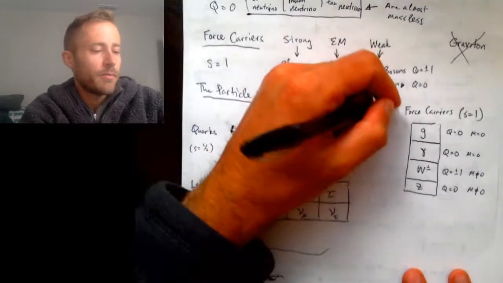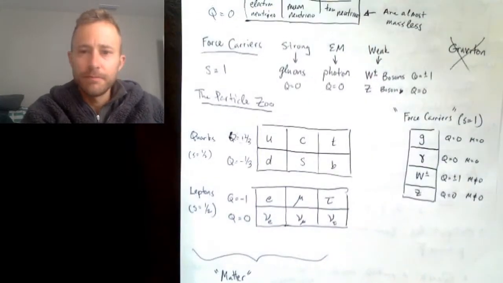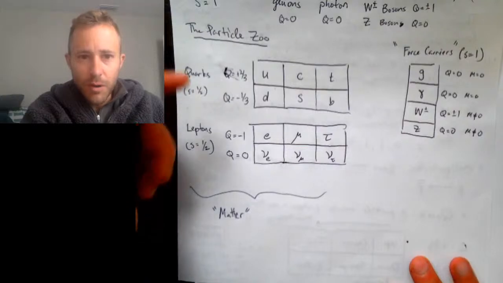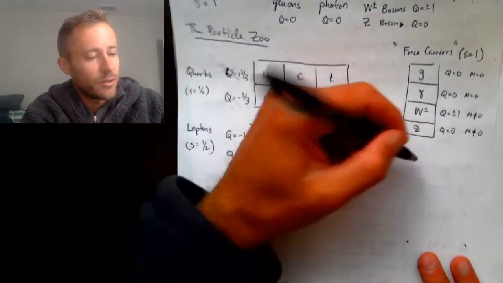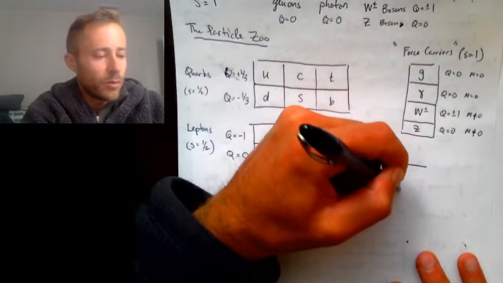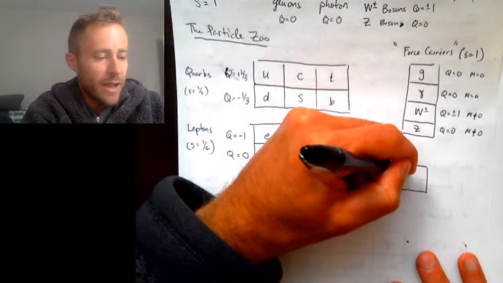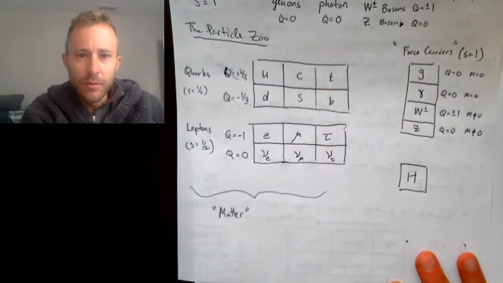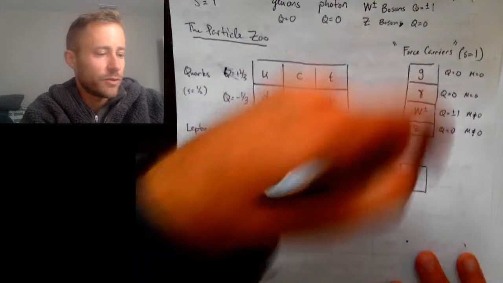So we've got matter and we've got force carriers that tell the matter what to do. And then there's another particle that was recently discovered, which is denoted H. And it sort of doesn't fit into the mold of the other stuff.